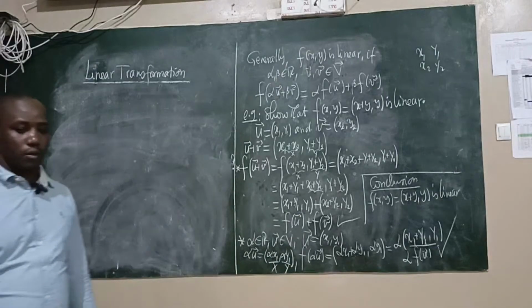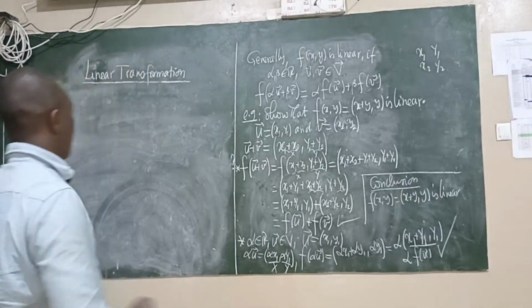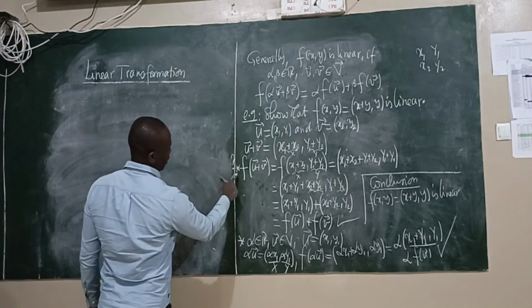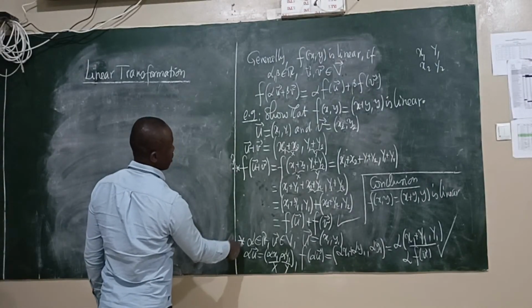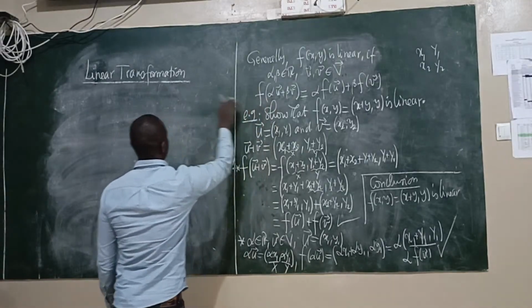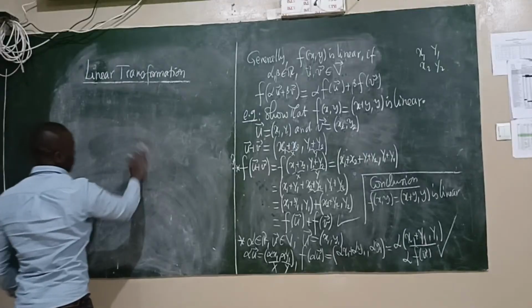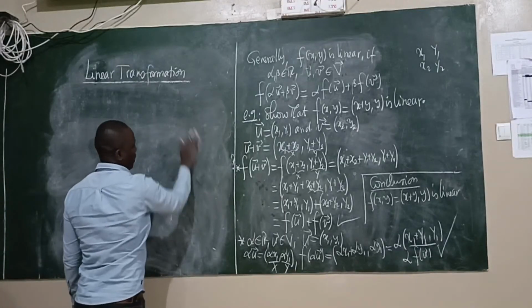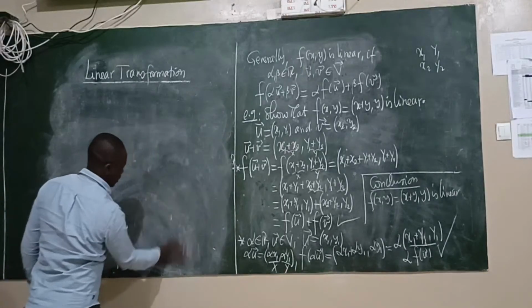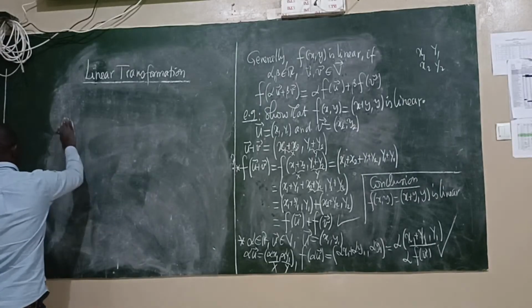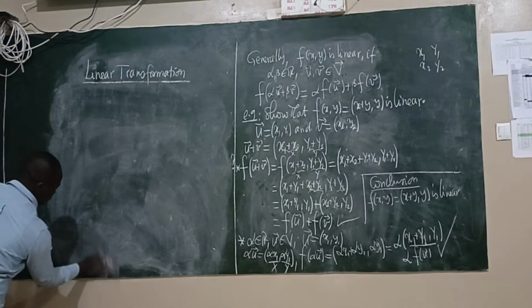Alternative 2. Instead of using this property and this one, we need to use this. Let me show you how. And maybe the second method will be easy for you guys.